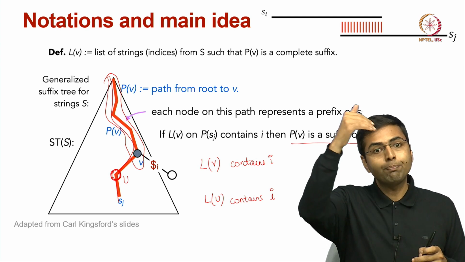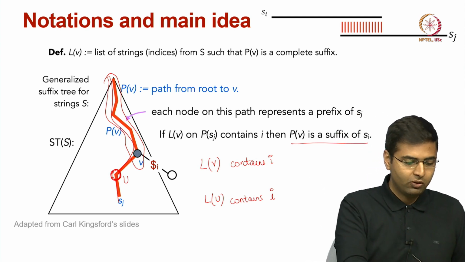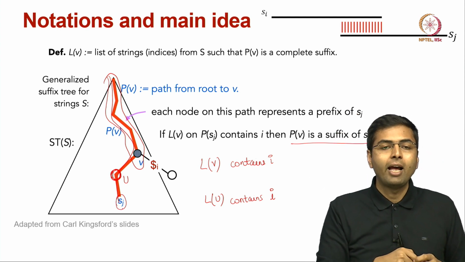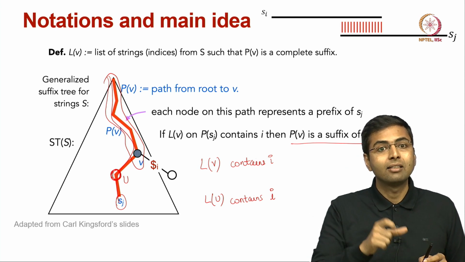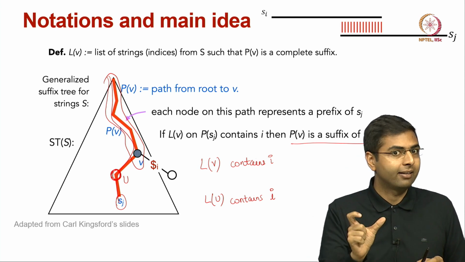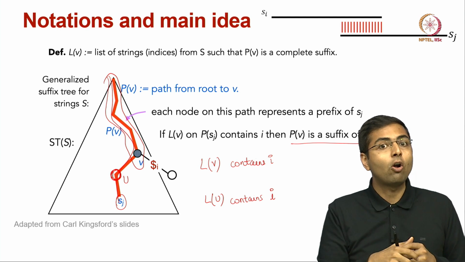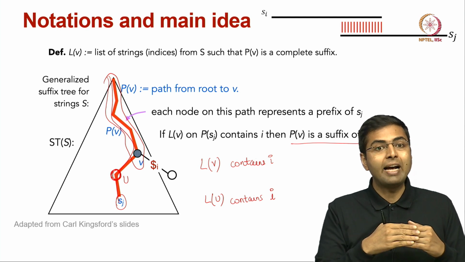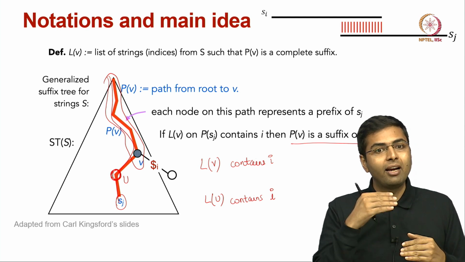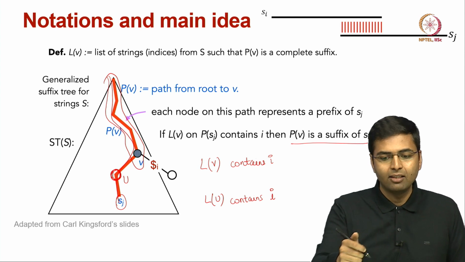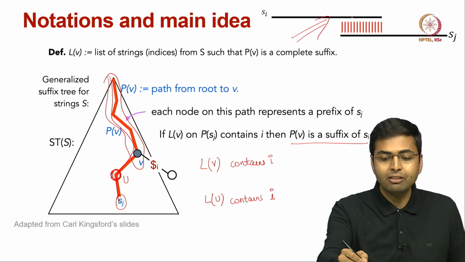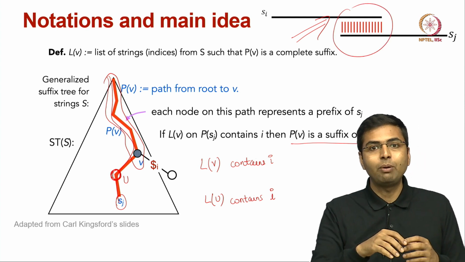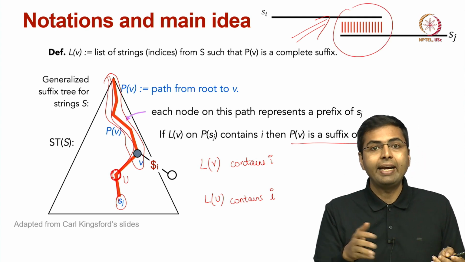So, on this path from root to Sj I have to look for the deepest node such that the list contains index I, and that corresponds to the longest suffix prefix match between Sj and Si, right. So, as shown on the top right, it gives me access to the longest suffix prefix match between Si and Sj.